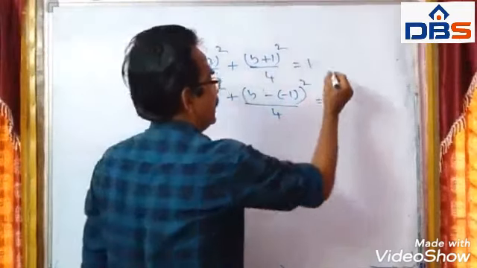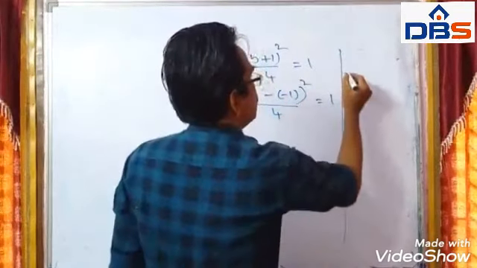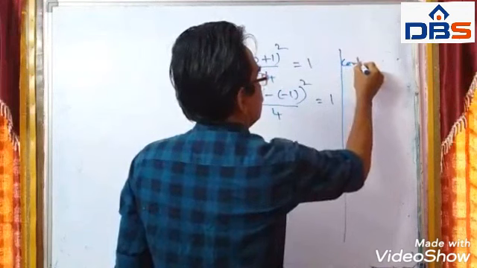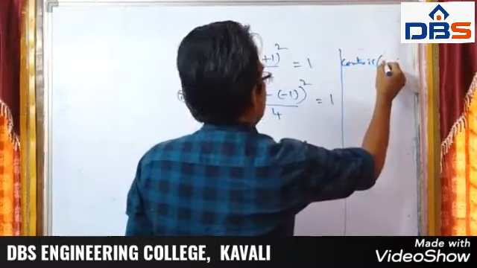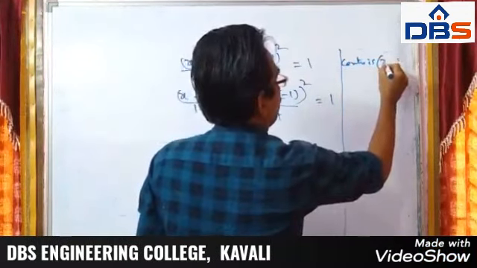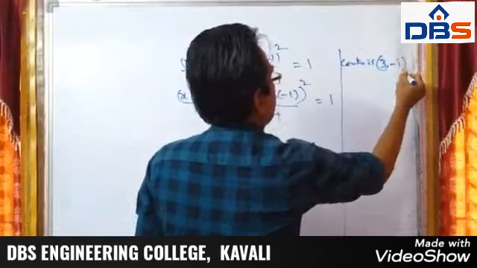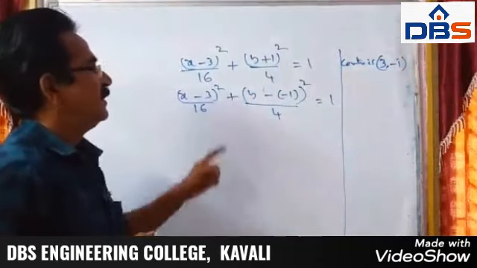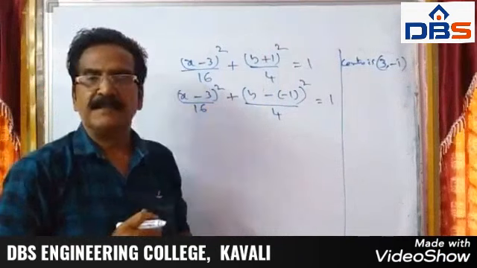First thing, center is 3 comma minus 1. This is the first thing.